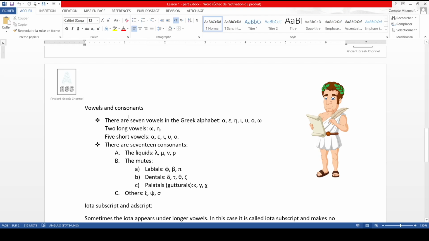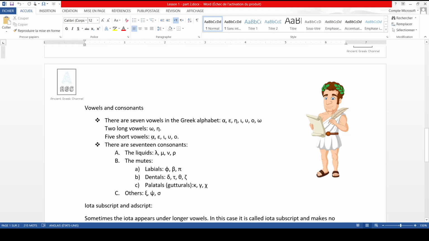In Greek, we have 7 vowels. These are alpha, epsilon, eta, iota, upsilon, omicron, and omega. Among these 7 vowels, we have long vowels, omega, eta, and short vowels, alpha, epsilon, iota, upsilon, omicron.